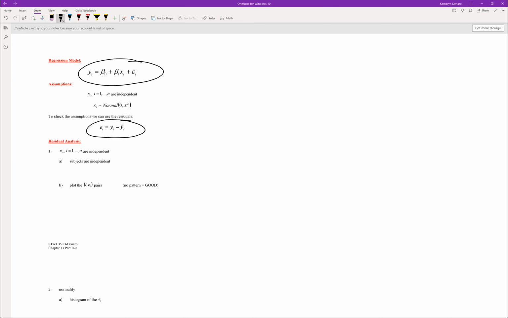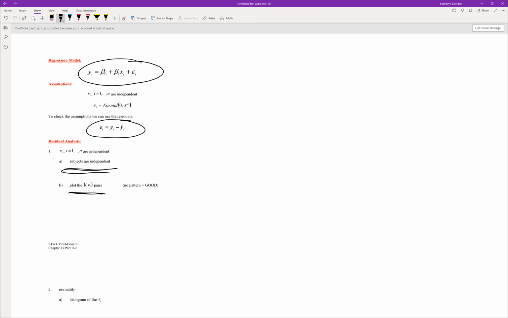For our residual analysis, we know that the subjects are independent. There's not a plot necessarily that we can do to check for this independence, but you should think about the sampling scheme to make sure that it is true that your subjects are independent. However, we can plot the order of your subjects, the i's, with the epsilon i's.